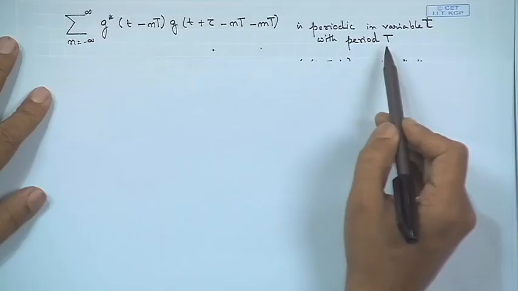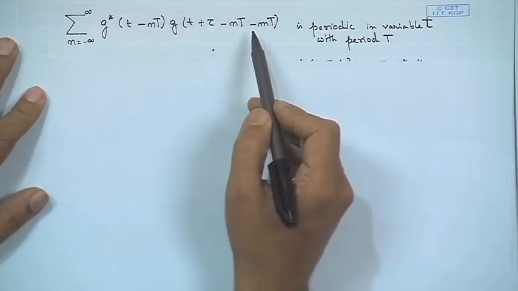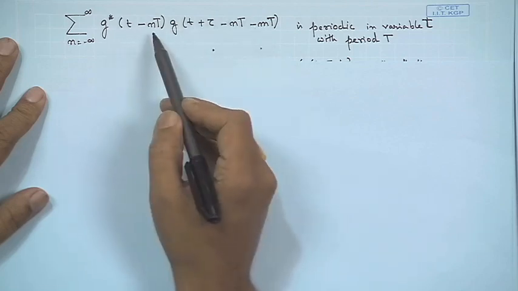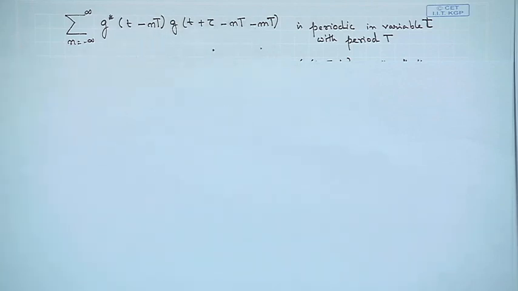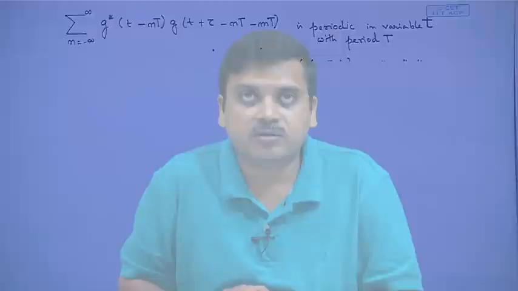And hence, from intuitive guesses, you could clearly see that it is periodic, or you could also prove it based on the expression that you have of g of t. You have seen different g of t's, you have seen half sinusoids, you have seen raised cosine, you have seen rectangular. If you would try to put the value of t equal to small t plus some k times capital T, you would find that all these g of t's are equal to each other, and then you could easily see that they are periodic.